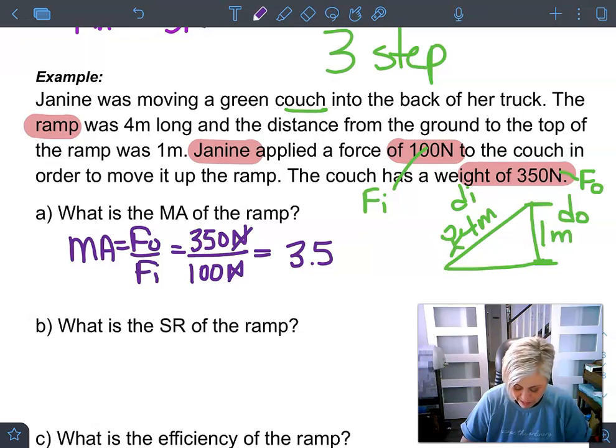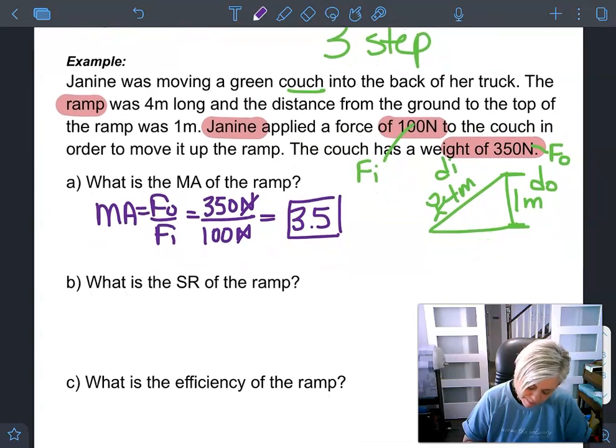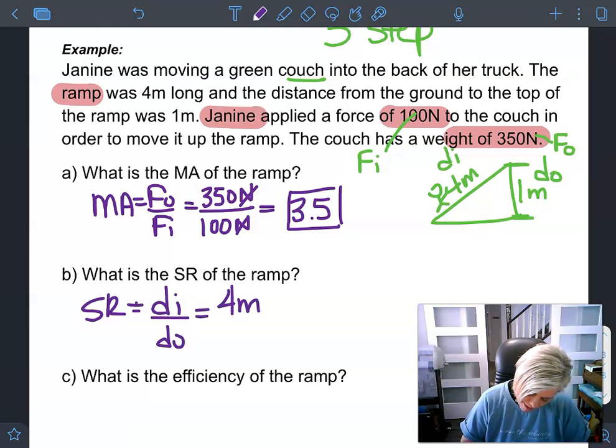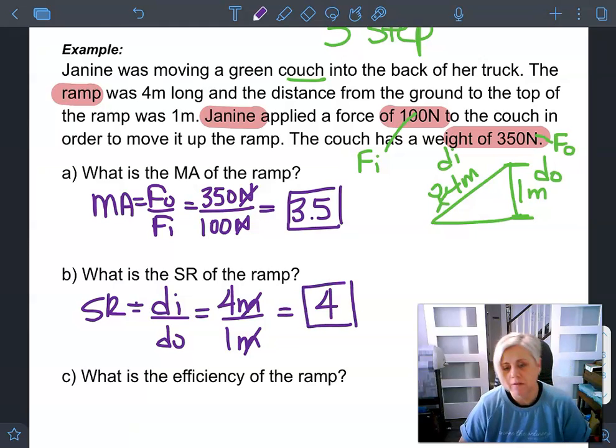No units, they canceled out. All right, speed ratio. Distance input over distance output this time. That was 4 meters input over 1 meter output, which gives us a speed ratio of 4.